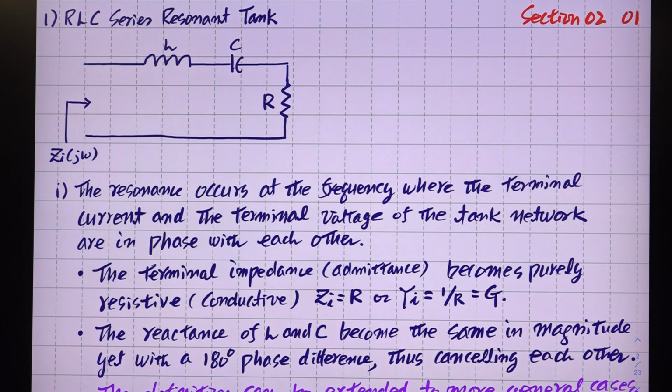To be a resonant circuit, we should have both L and C, regardless of their numbers. Why do we call it a tank? Tank circuit, tank network. A tank is storing something. A water tank stores water, an oil tank stores oil, and this tank stores the energy.